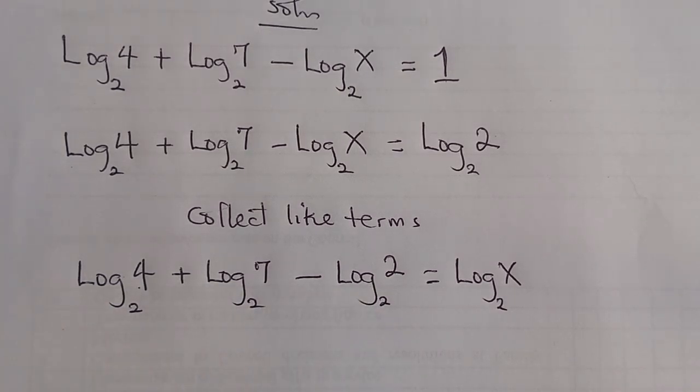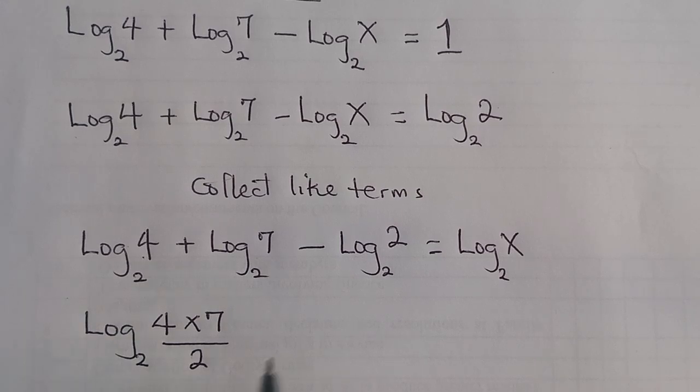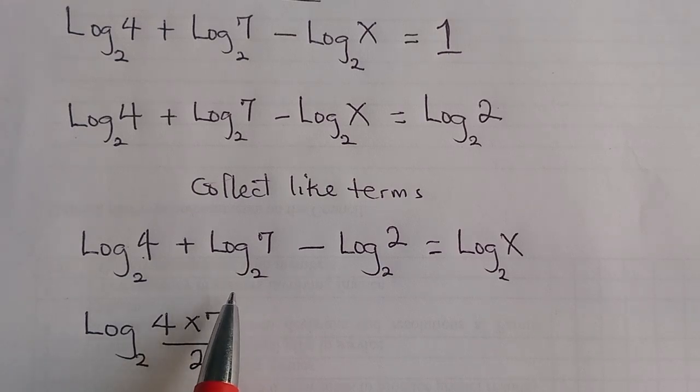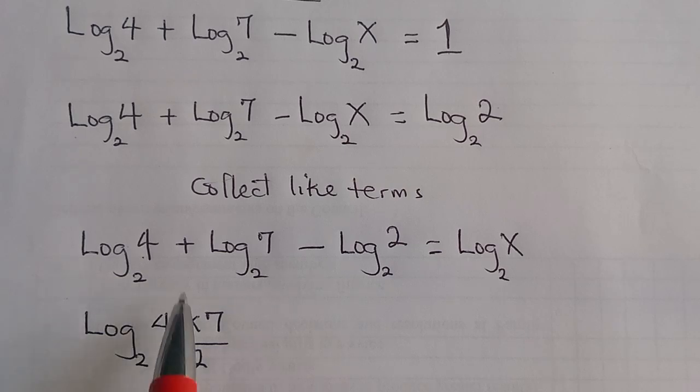So that implies that we have log 4 times 7 divided by 2 to base 2. Since all of these are in the same base, for log 4 plus log 7, the addition law says when two logarithms of the same base are added, the result is their product. That's why we are multiplying 4 and 7 here.